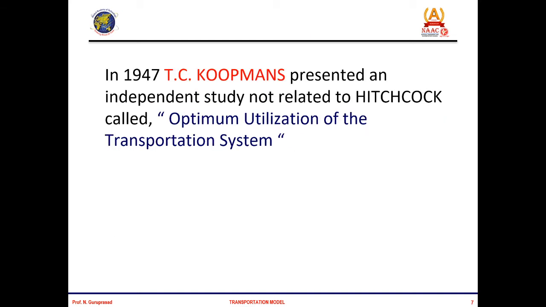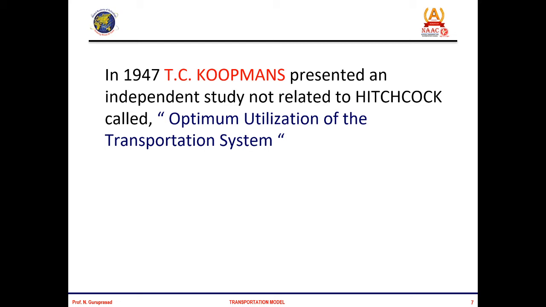However, in 1947, T.C. Koopmans presented an independent study not related to Hitchcock problem, but his presentation was titled as Optimum Utilization of the Transportation Systems.